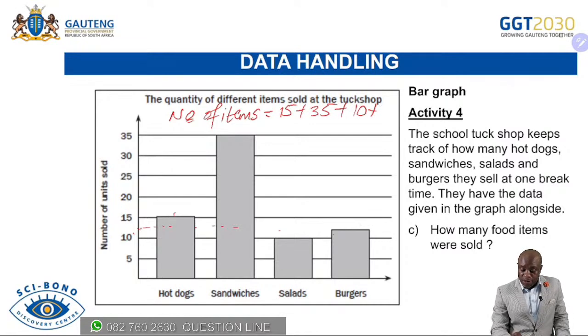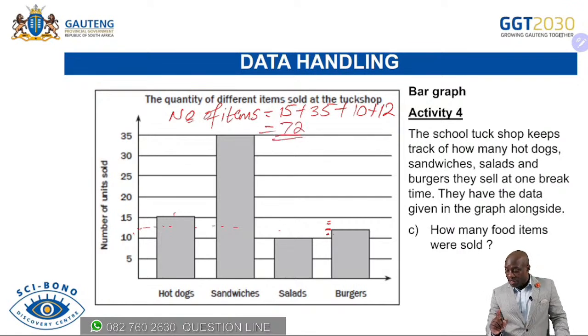Any value that you give there that is sensible must be above the 10 but below 15. I would say, suppose this is 11, 12. For me, that is 12. Someone will say 13, 14. I know we can argue. That for me is 12. So if you add 15 plus 35 plus 10 plus 12, you will get 72.